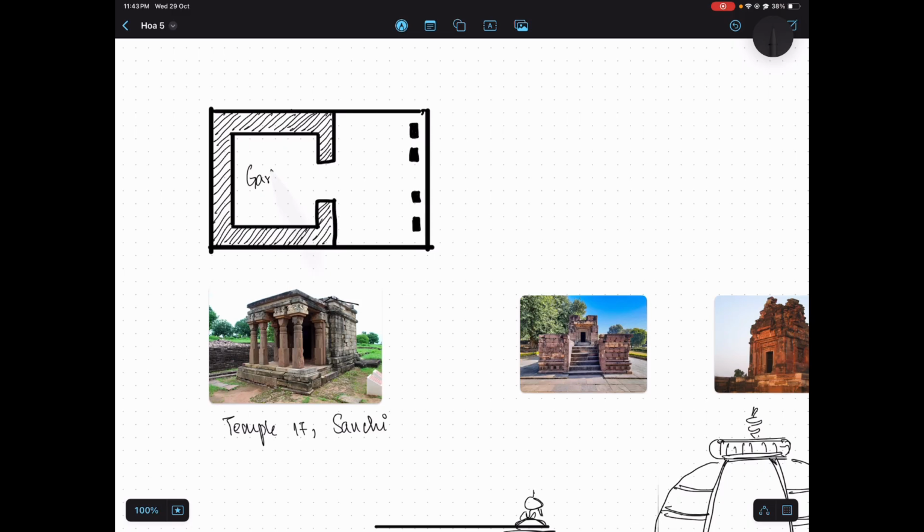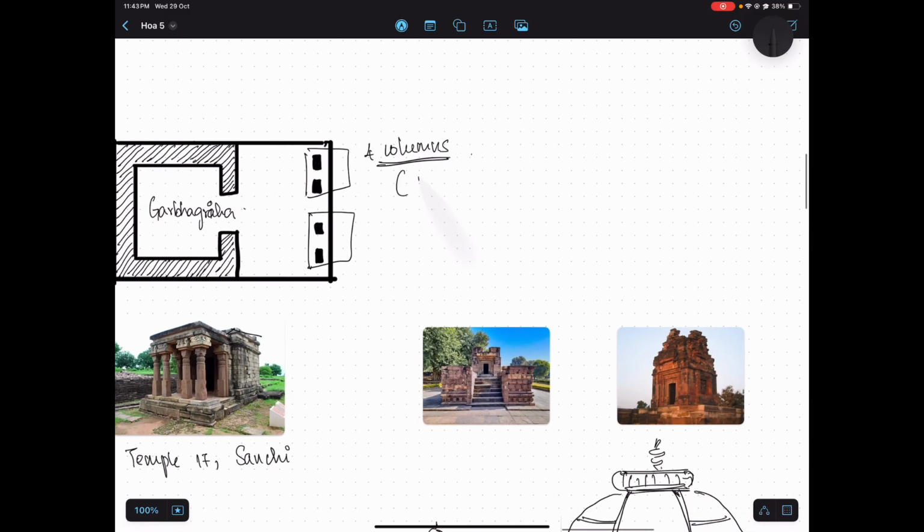This is just Garbhagriha, and it was flat. The attached porch to it had 4 columns. That was under the influence of Mauryan architecture, which meant the capitals had bells and lions.